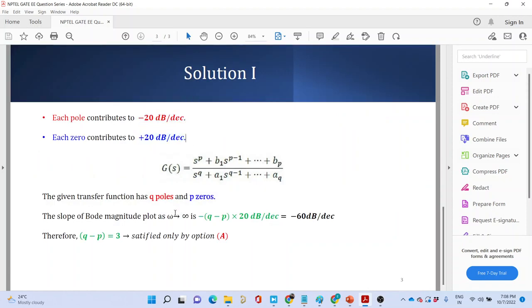So at omega tends to infinity, the net number contributing to the slope would be P minus Q. So you can say that P minus Q is equal to 3. You cannot say whether P or Q is 3. So from the options, you have to check which option satisfies this equation. In this case, there is only one option which satisfies, and the option is A.